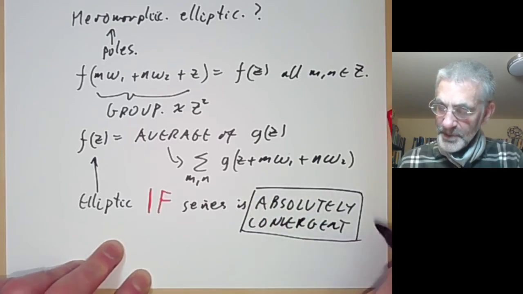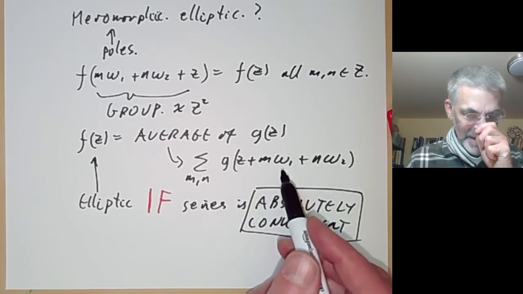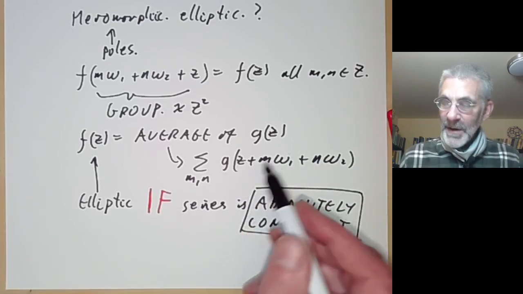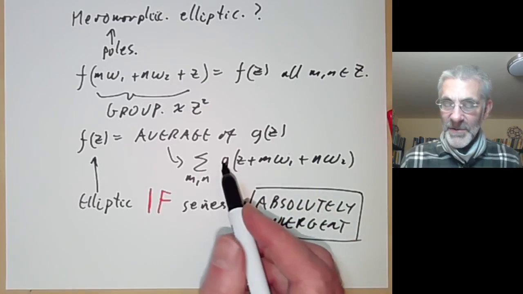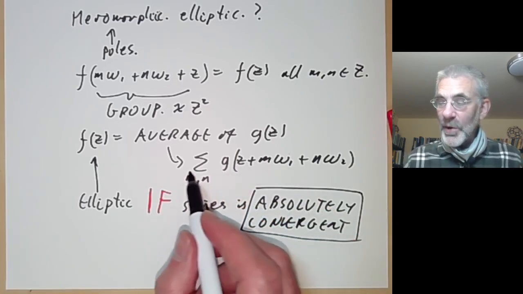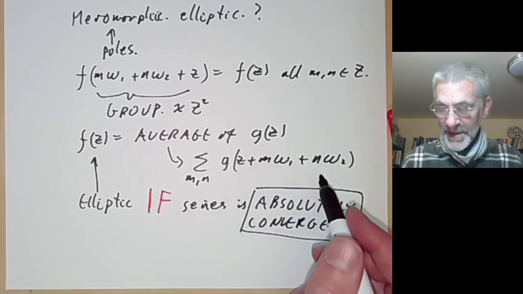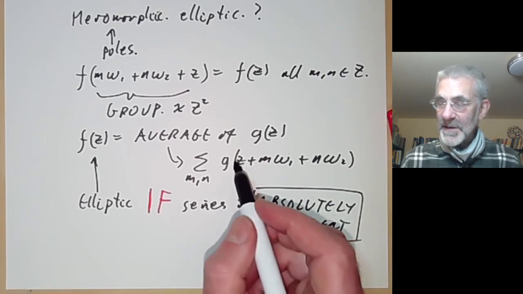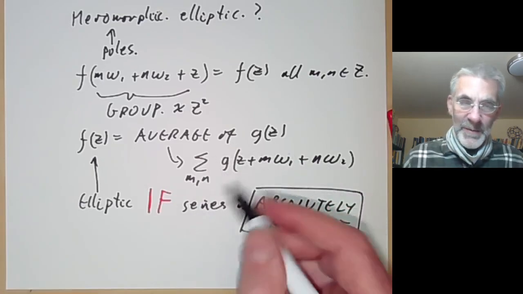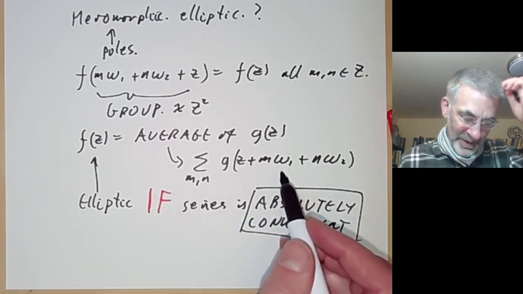Obviously if the series isn't convergent, then this isn't going to make sense, and we can ask, should it be just convergent or absolutely convergent? Well, the trouble is, if you talk about it being convergent, you've got to really worry about the order you sum these terms up in, and that's a real pain. So it's much easier to insist that this series should be absolutely convergent, then we don't need to worry about order, and this is obviously doubly periodic.